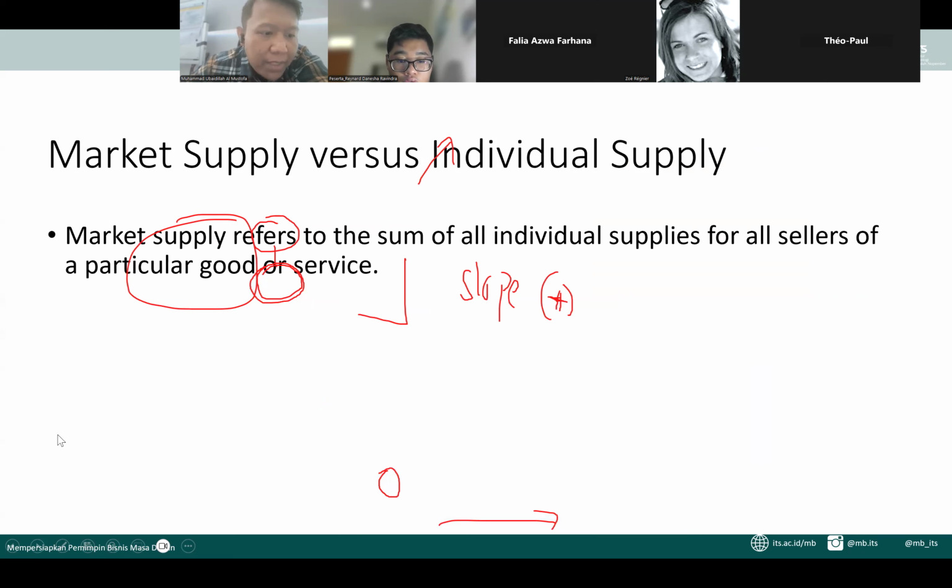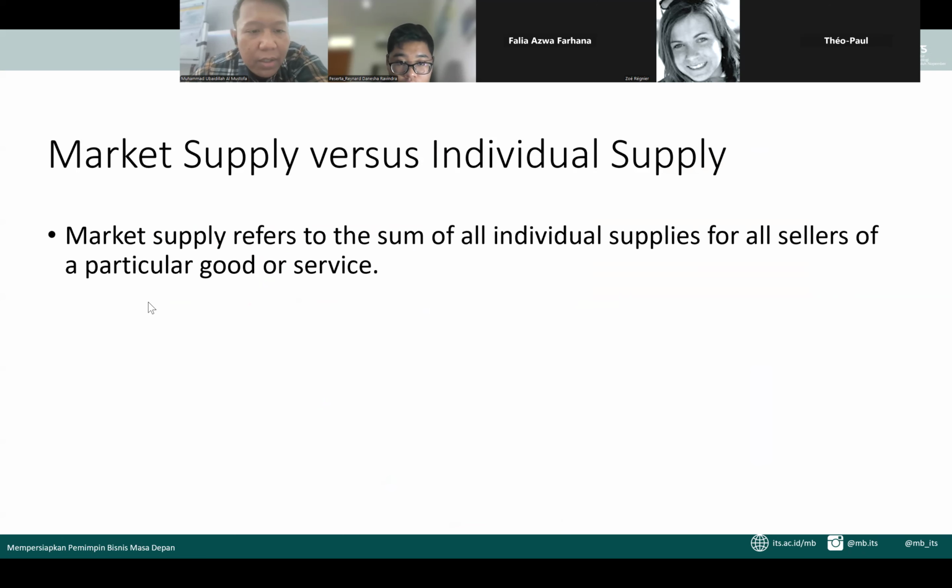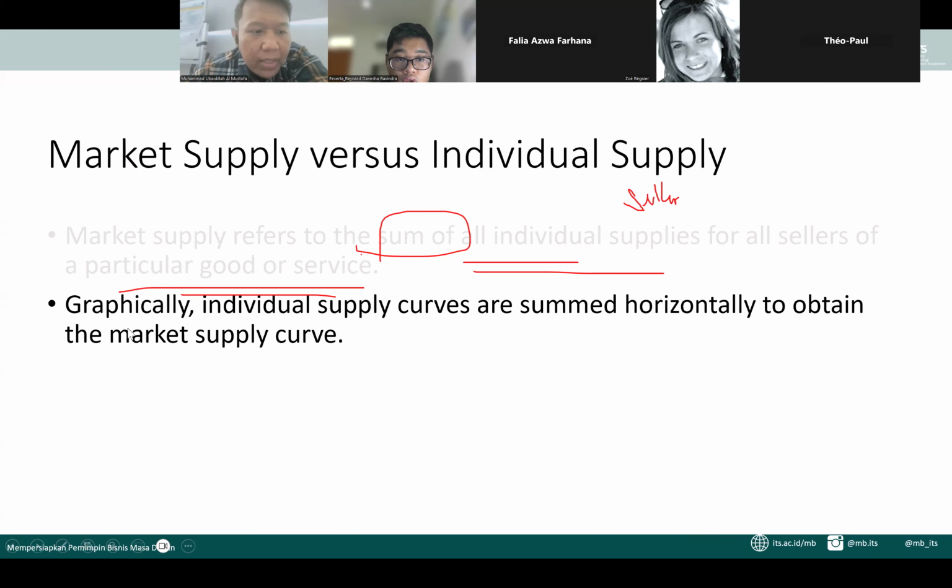Now we also have the same idea of the market supply. The market supply refers to the sum or the combination of all individual suppliers, all sellers, for a particular good or service. Graphically, individual supply curves are summed horizontally to obtain the market supply curve.